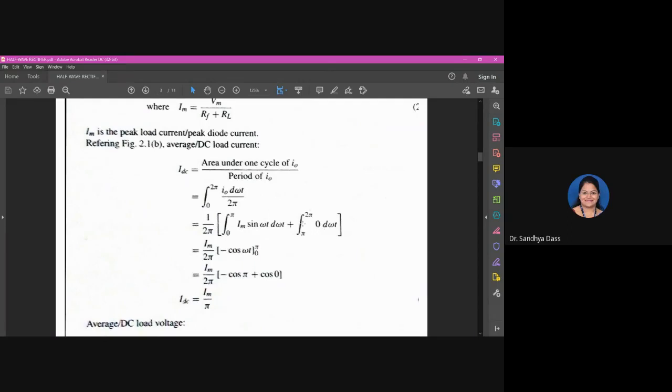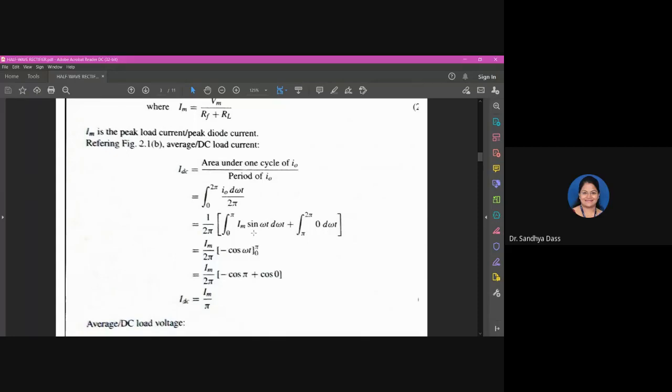So split that and substitute the current value there. All right, please note down. So 1 by 2 pi taking outside. Within the period 0 to pi, that is integration between 0 to pi, your current is Im sin omega t d omega t, and plus integration between pi to 2 pi, the output is 0.